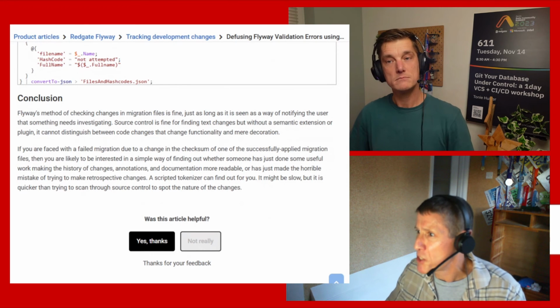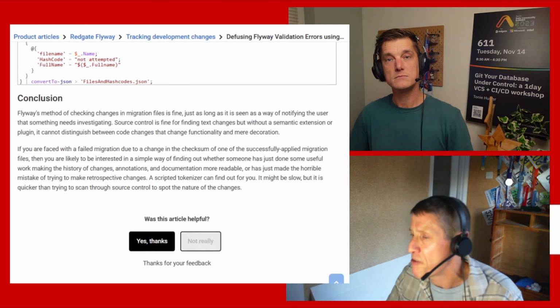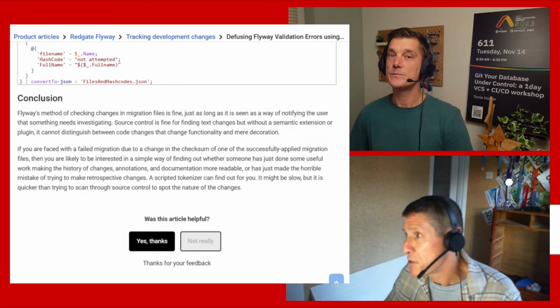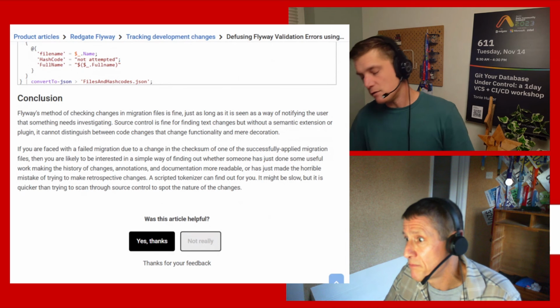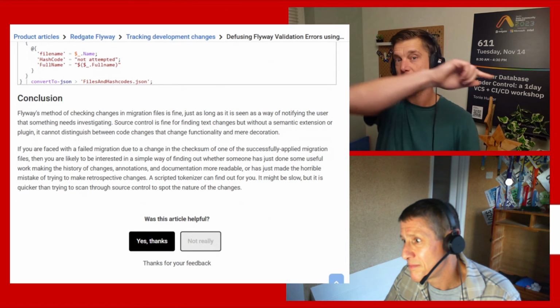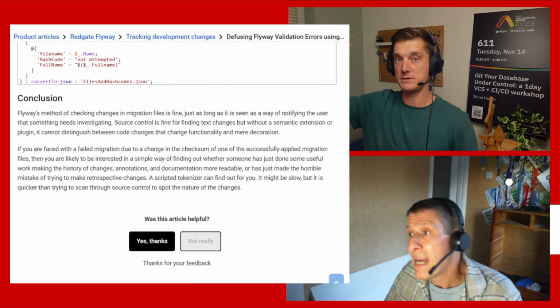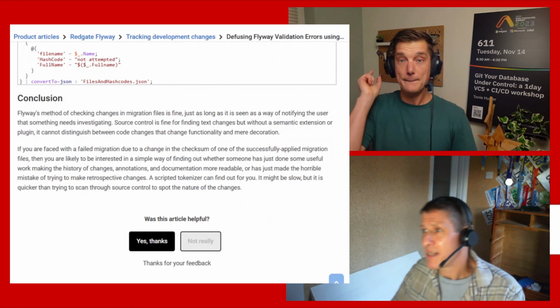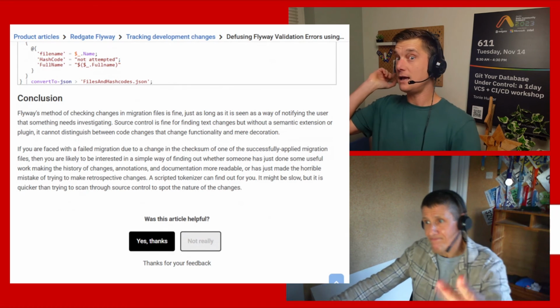If it really is harmless changes, just move on with your life, run a repair and move on. If they still don't match, then you've really got to investigate what exactly changed and why. And of course, every change that has been done must go back in the pipeline of your DevOps process and into source control, etc. But it's more that you can now determine if it's a real change.